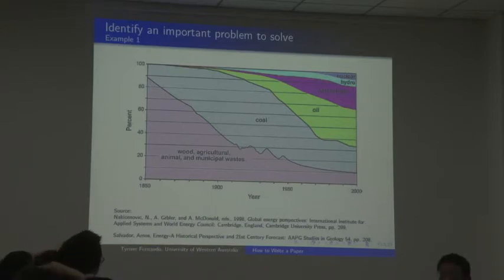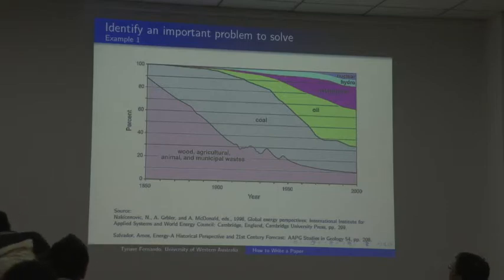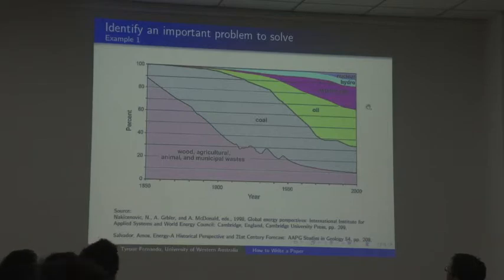If you look at year 2000, we rely about 10% on wood to serve our energy needs, about 25% on coal, about 30% on oil, and 20% of our energy needs are met by natural gas. The rest comes from hydro and nuclear. That's the energy mix in year 2000.